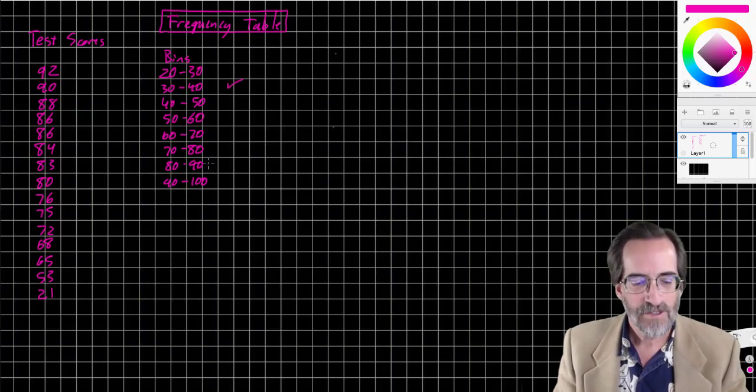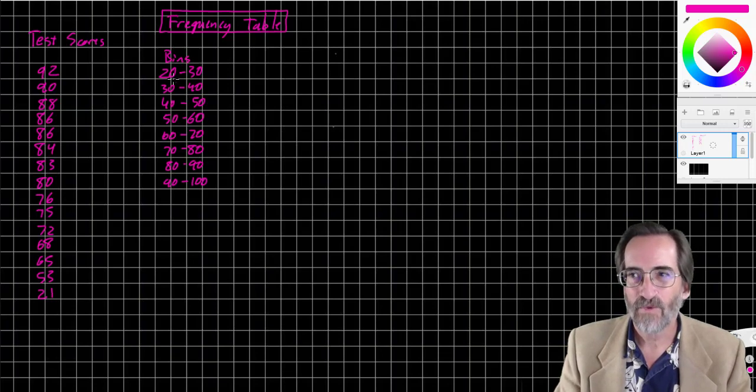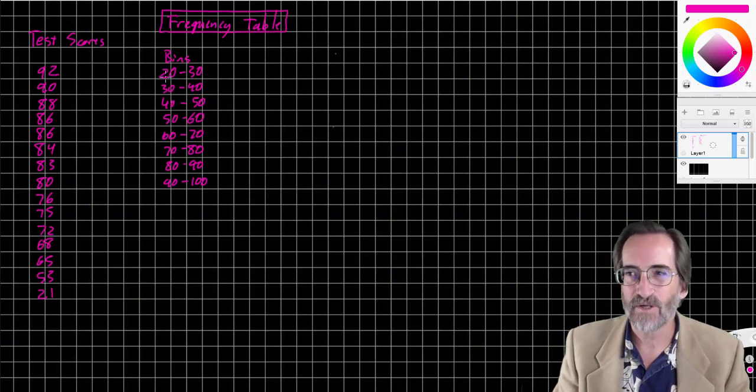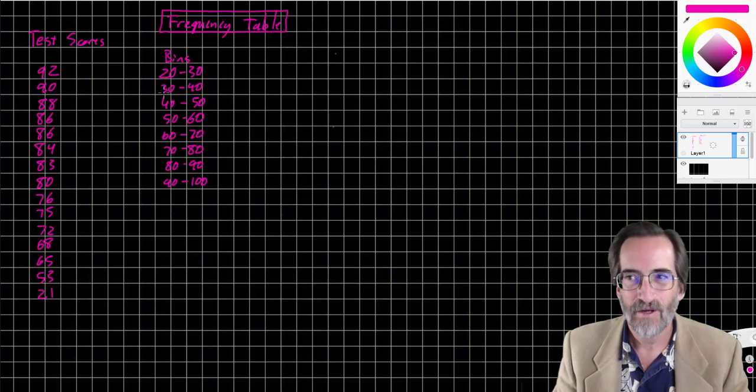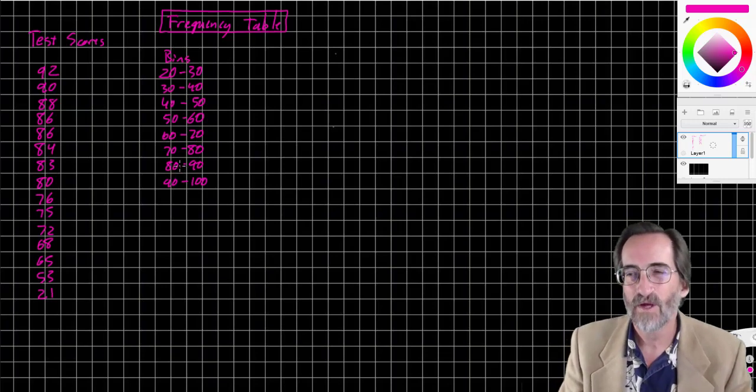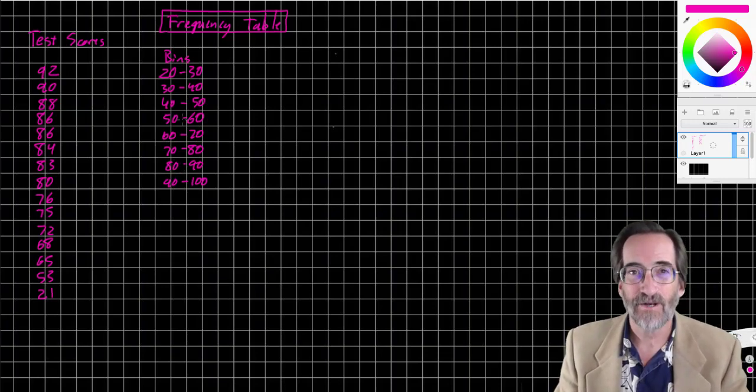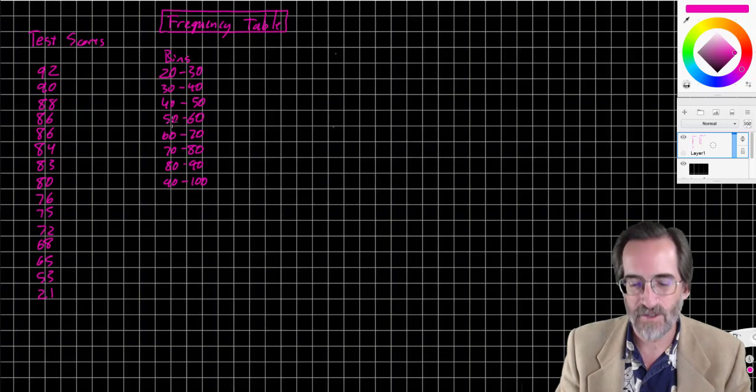Okay? So that's the kind of rule. Now otherwise, in the textbook, it says 20 to 29, 30 to 39, 40 to 49, 50 to 59, 60 to 69, and so on and so forth. But the bin width is still 10, so that can be a little bit of a confusing issue. So I prefer to use it this way.